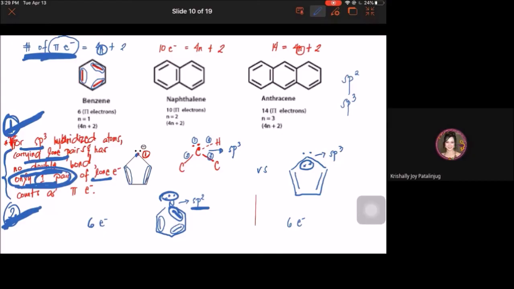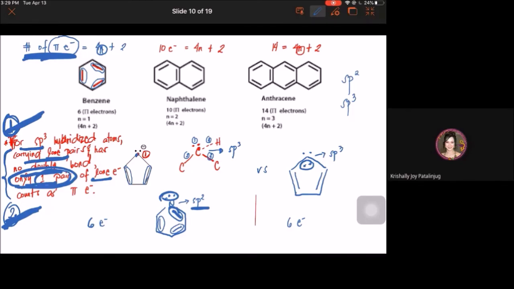So for an sp2 hybridized atom carrying a lone pair, with a double bond, that lone pair will not be counted as pi electrons.